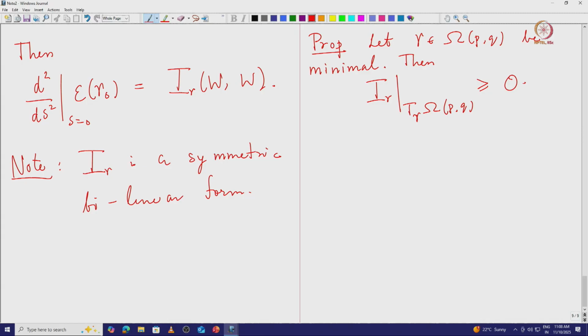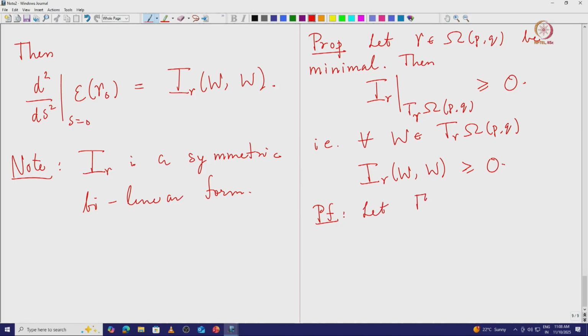That is, for all admissible vector fields W which vanish at the endpoints, the index form is non-negative definite. Okay, so let me quickly give a proof and then I can stop. Let capital gamma s,t be as above, such that W of t is its variation vector field.